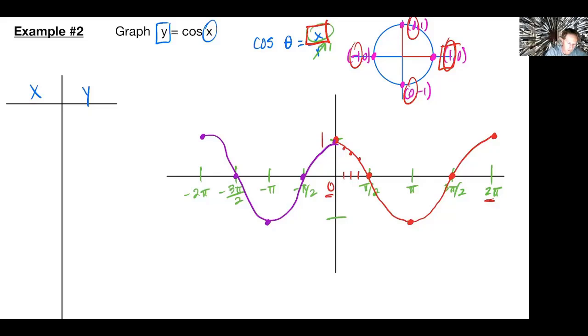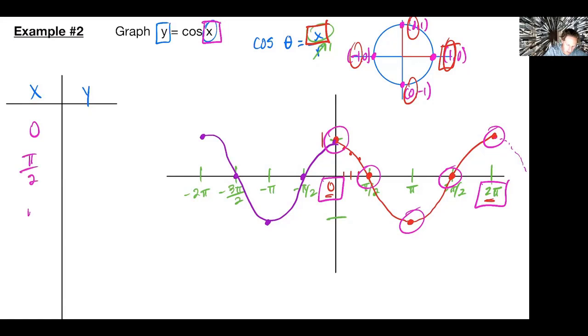And if you wanted to do the t-chart and plug in those values for x, the input, the angle, use the quadrantal angles and only those to get the 5 key points. And again, these two technically are the same, the starting and end point, where we would then start another cycle going in that same form as we've seen here twice.